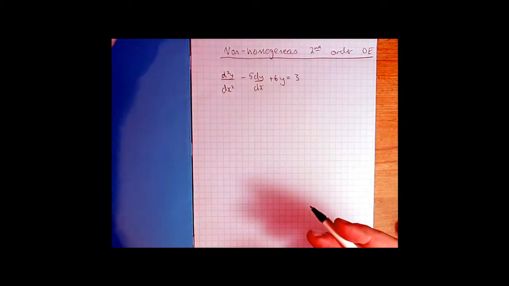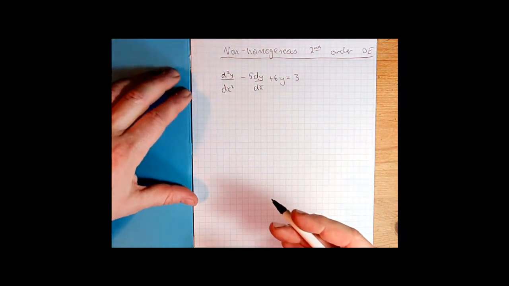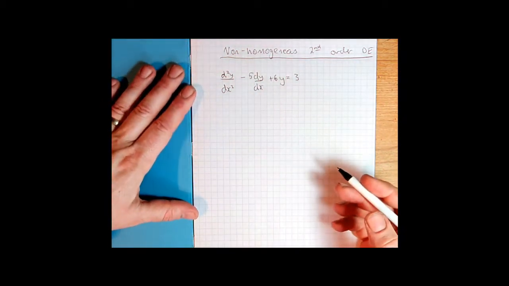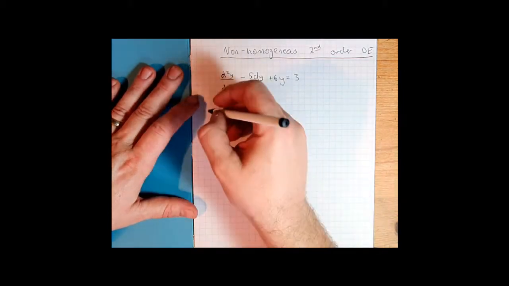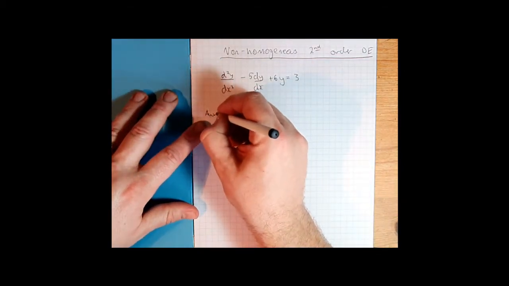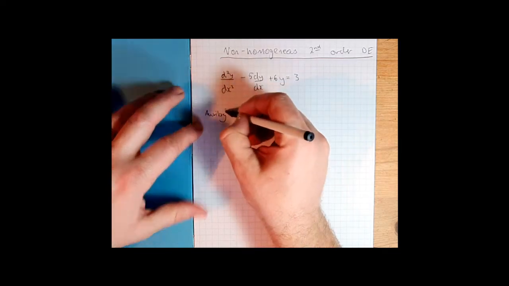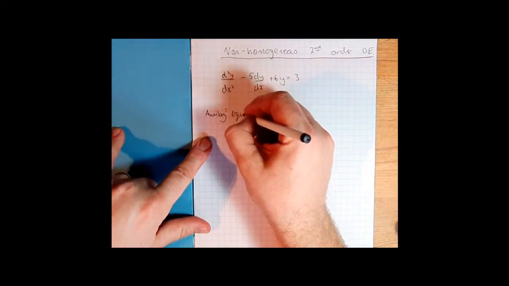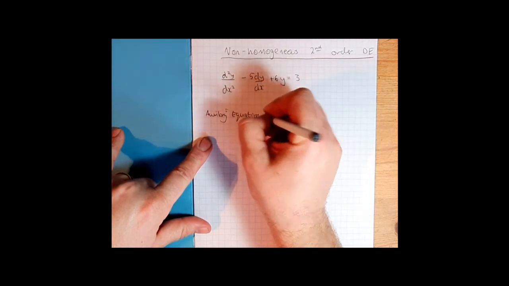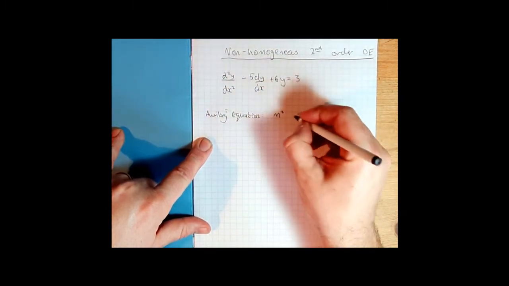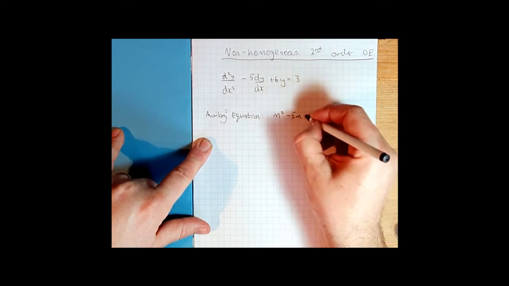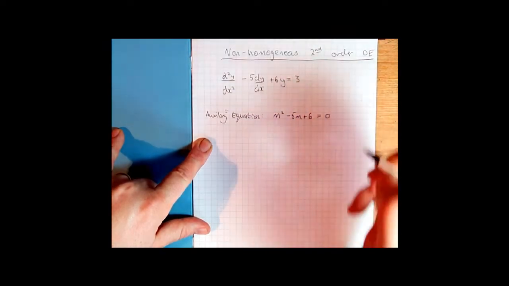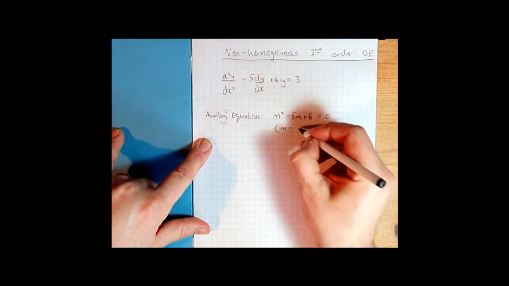And there's a lot of terminology here and a lot of use of language which we do need to know, but we already know the maths. The auxiliary equation is m squared minus 5m plus 6 equals 0. Straightforward enough.